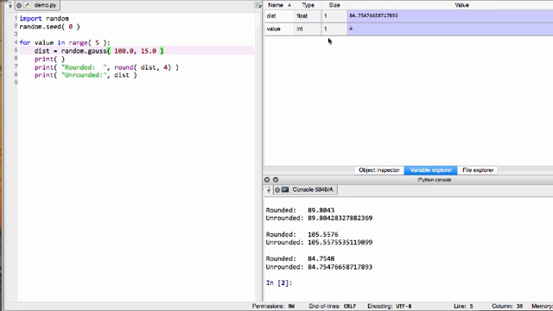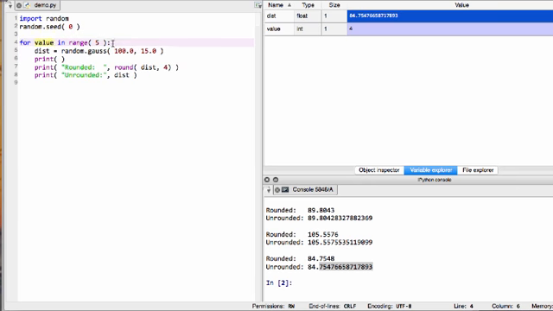And if I look at the variable explorer here, we see that value finished up with a value of 4, and dist is in fact the last value that we see printed down here. So remember, with range 5, it starts at 0 and goes up to 4. That means it does it 5 times. That's what that means.